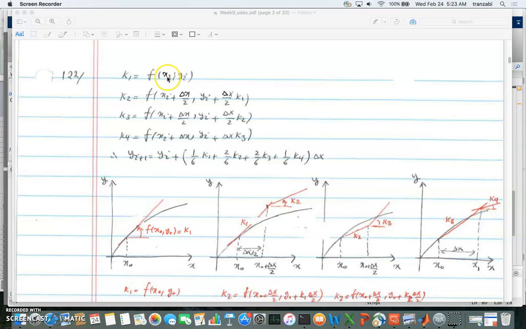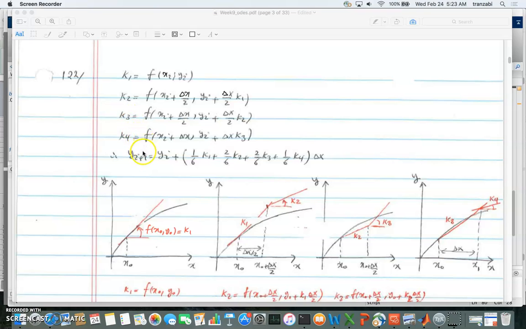The first one is at point xi, the second one is at point xi plus delta x over 2, the third one is xi plus delta x over 2 as well, but then the y value is different. In k2 we have yi plus del x over 2 times k1. In k3 we have yi plus del x over 2 times k2, and in k4 we have yi plus del x times k3. We already calculated the k's before.